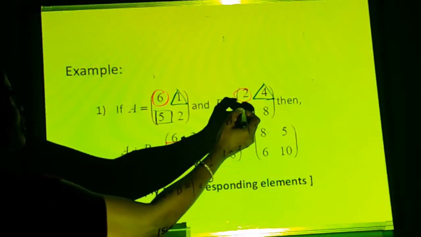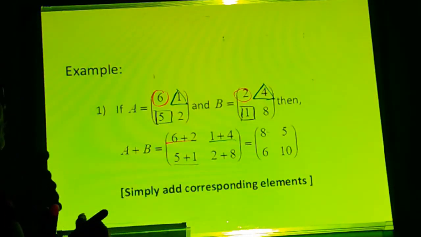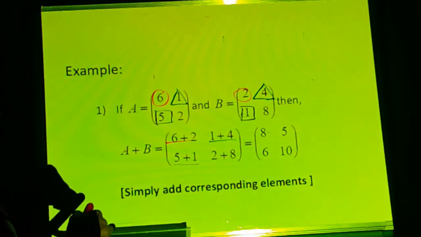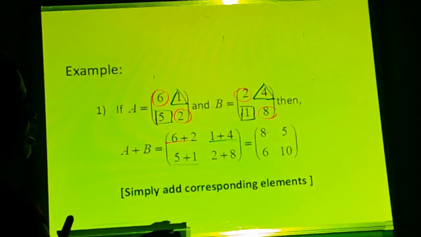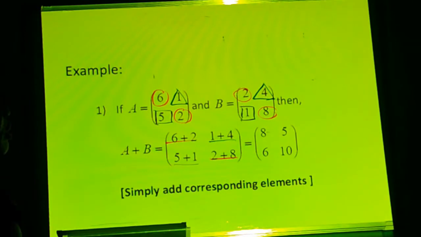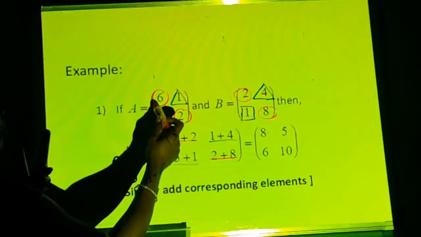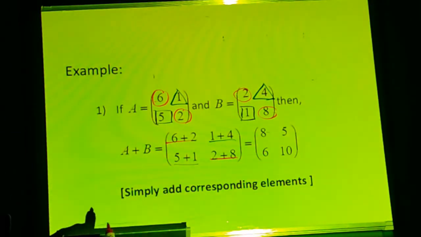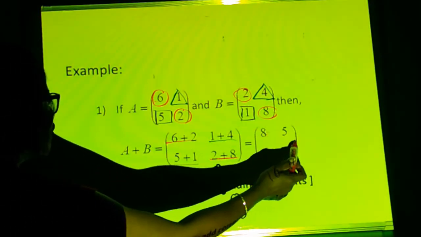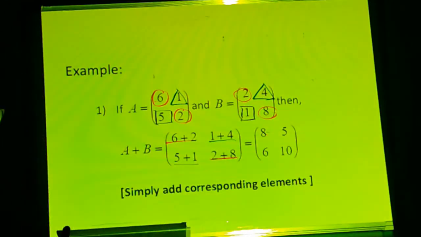So 5 is added to 1. And obviously, you guessed the last one. That's pretty easy. 2 and 8 are added together. So, add elements that are in the same position, or corresponding elements. 6 plus 2 is 8, 1 plus 4 is 5, 5 plus 1 is 6, 2 plus 8 is 10. That's the answer.